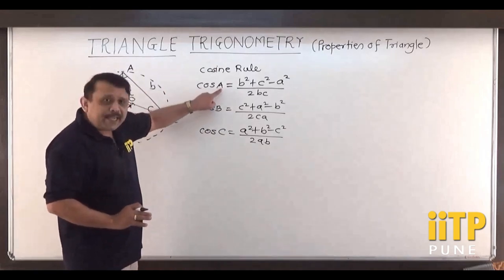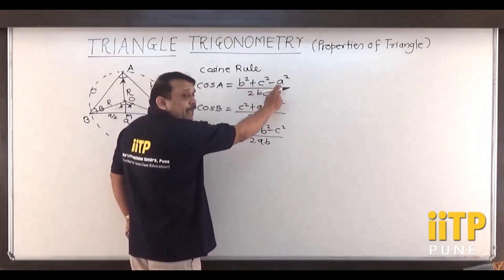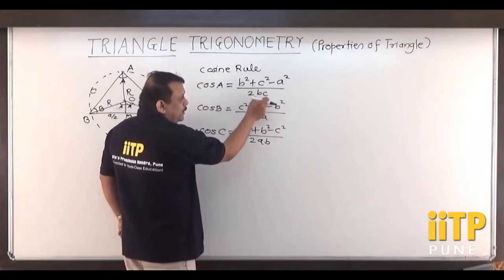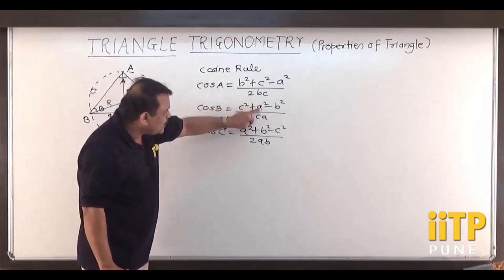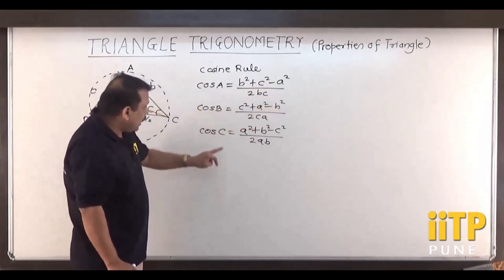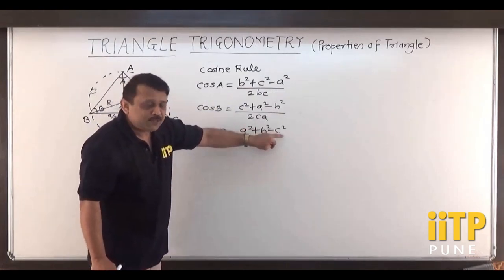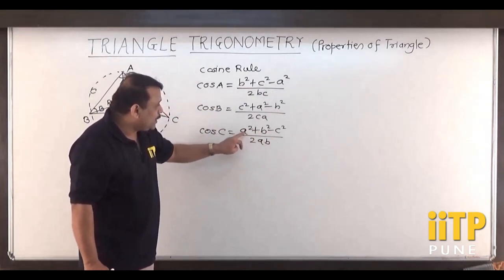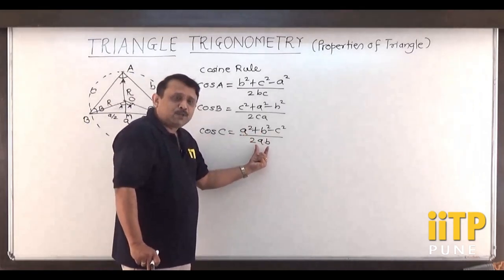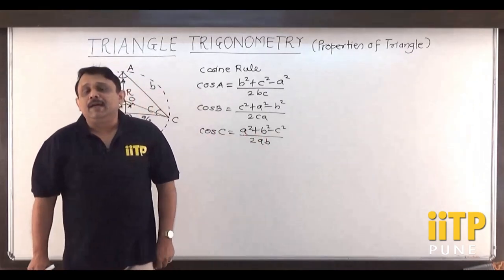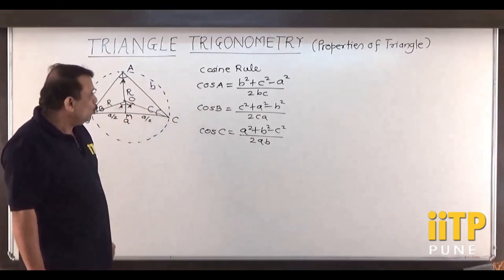When you write cos A, you begin with a, then you write afterward b, then c, and then a, divided by 2bc down. Similarly, after bc comes ca, after ca comes ab, and after ab comes bc, divided by twice ab. Whichever two terms are there, 2 times the product of those is written in the denominator. So this is what is called a cosine rule.